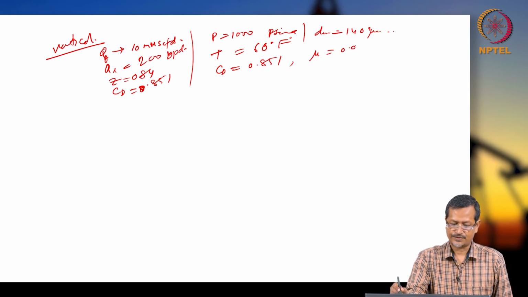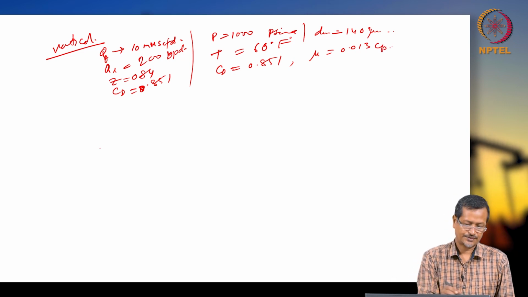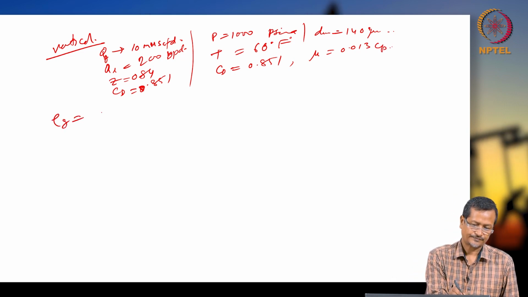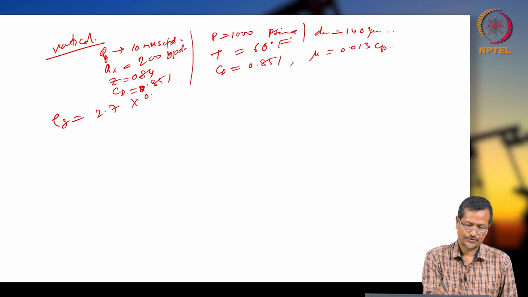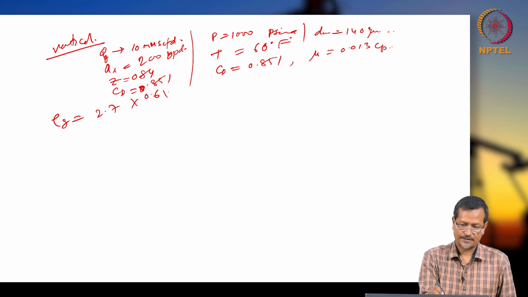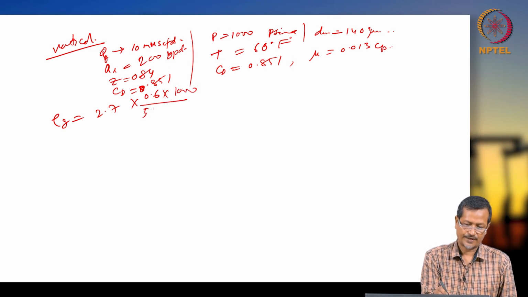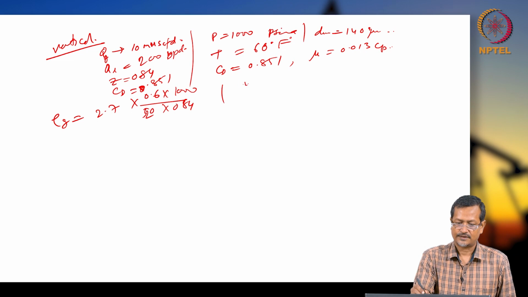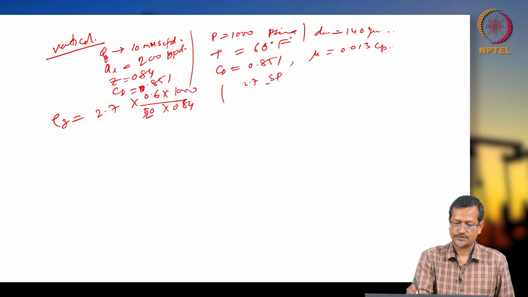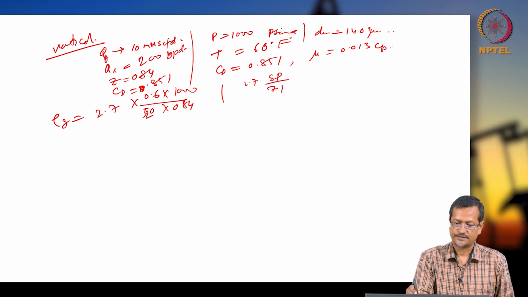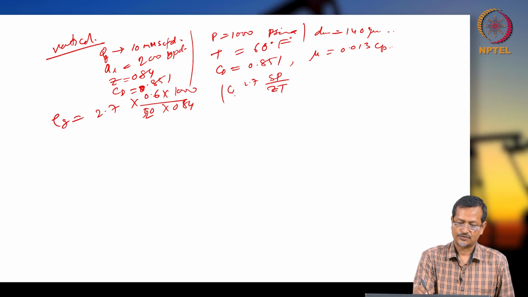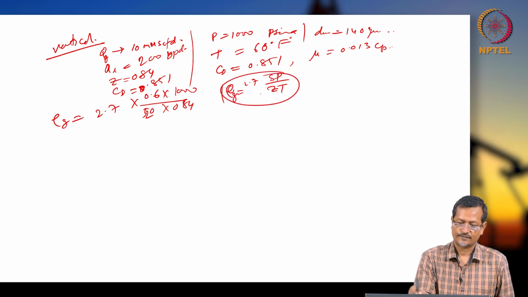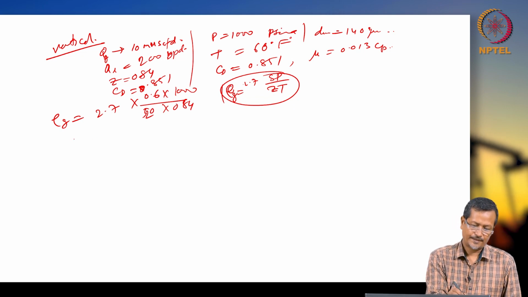Viscosity is 0.013 cP. So rho g equals 2.7 times SP by TZ, with specific gravity 0.6, P means 1000, temperature 520, and your Z value 0.84. So the formula is 2.7 SPTZ, that is rho g. So this is a formula. dm is given as 140.